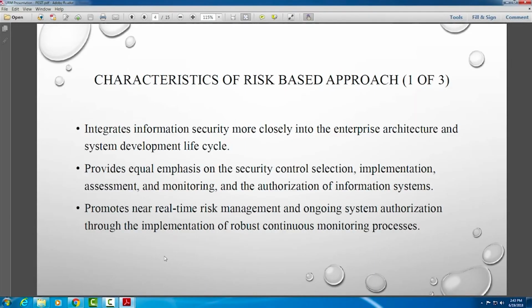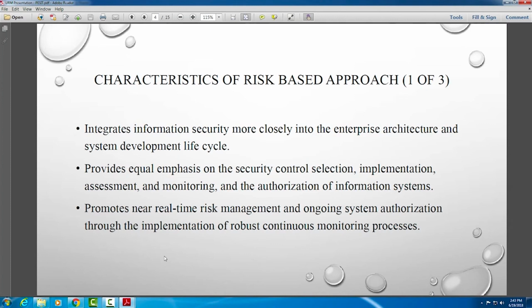So that is why I'm talking about the key characteristics of this risk-based approach. Here, I'm saying it is integrating information security into the enterprise architecture and the SDLC life cycle. That is where we are getting into, and I'm giving more emphasis to the control measures.